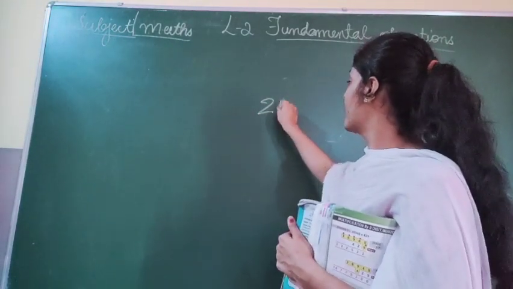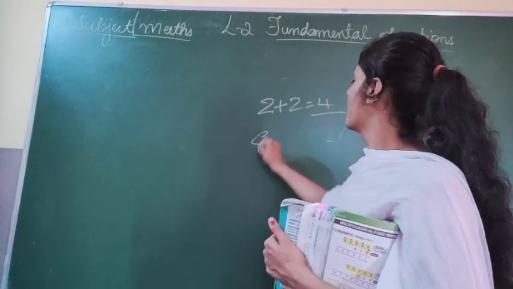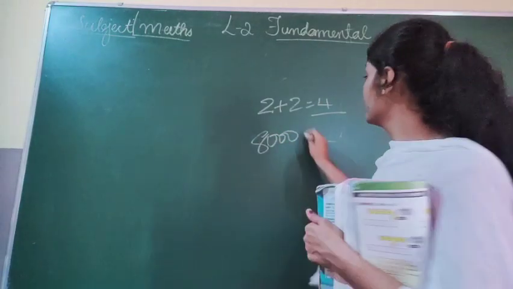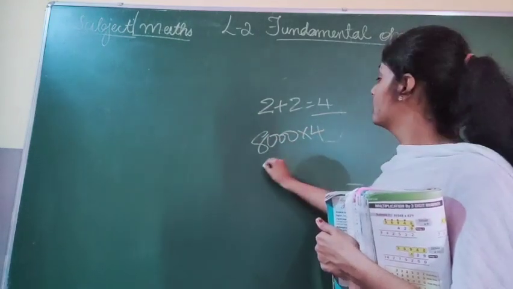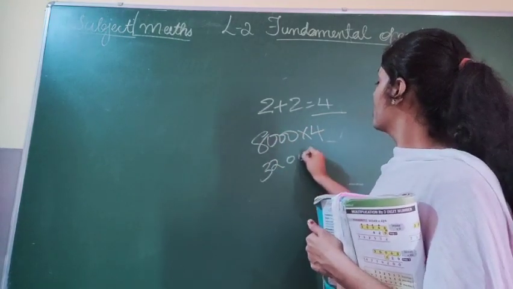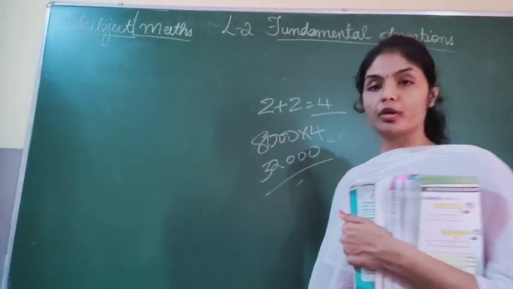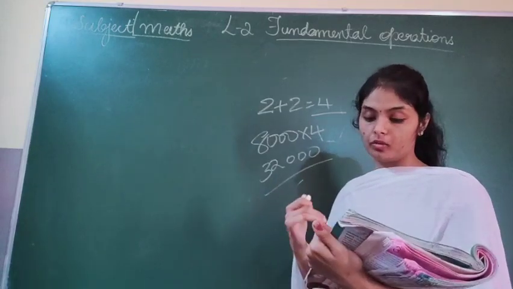One tape recorder we have 2, another we have 2. So it is equal to 4. So for this 4, the amount of one tape recorder is 8,000. 8,000 into 4. 8 4s are 32. So the cost of 2 tape recorders is 32,000. Got it, children?